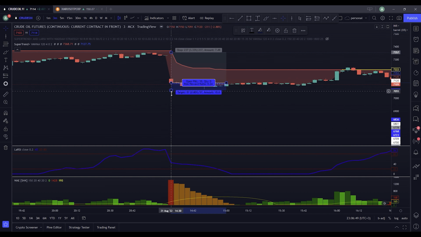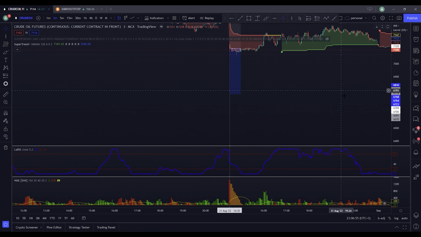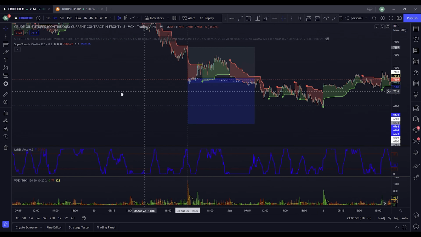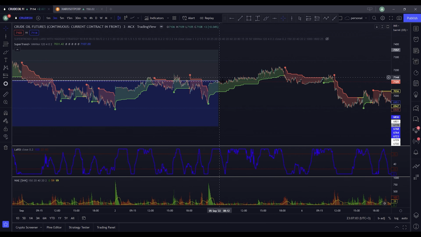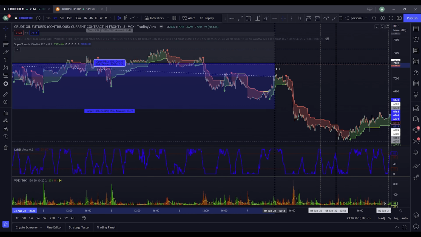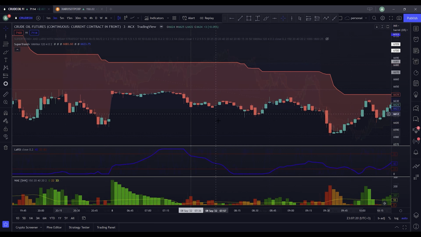And the risk to reward ratio will be 1.5. Here all conditions fulfilled.